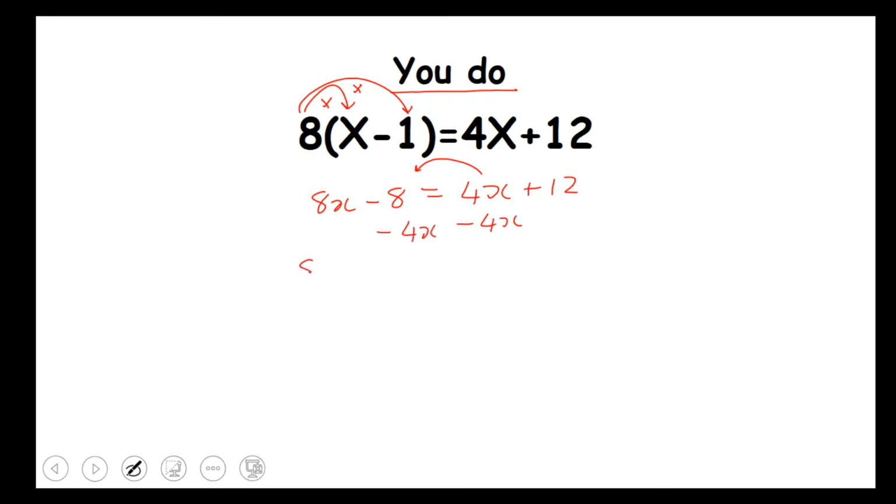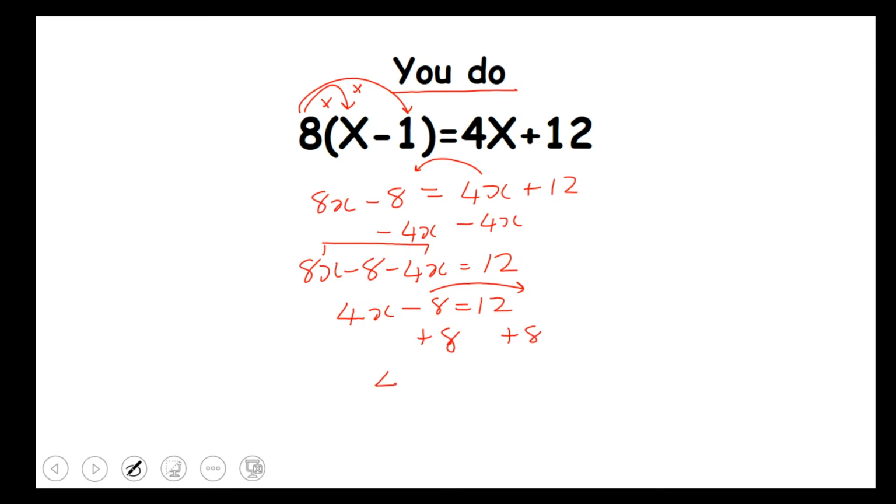So now I get 8x minus 8 minus 4x equals 12. Collect the like terms and simplify. 8x minus 4x is 4x. 4x minus 8 equals 12. Now I need to get my x on its own, so I need to move this 8 to the other side. Inverse of minus 8 is plus 8, so I plus 8 to both sides.